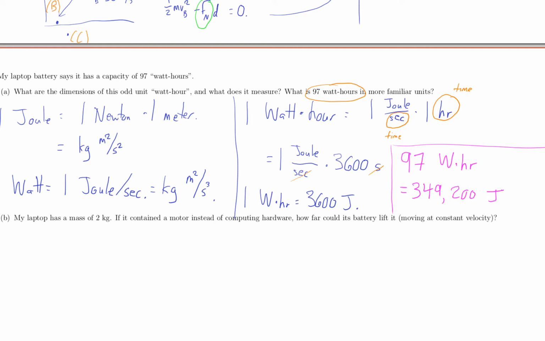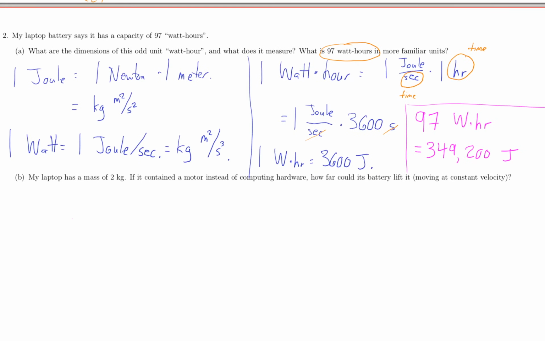So that is an awful lot of energy. That's what's in a laptop battery, and that's why you have to be careful with things like laptop batteries when taking them on airplanes.